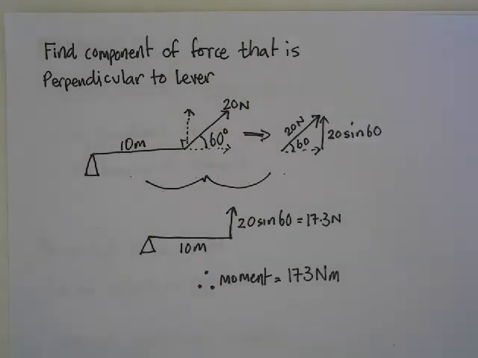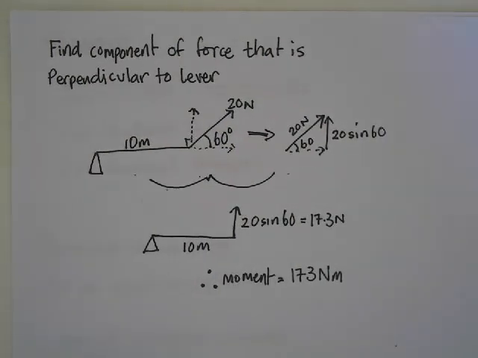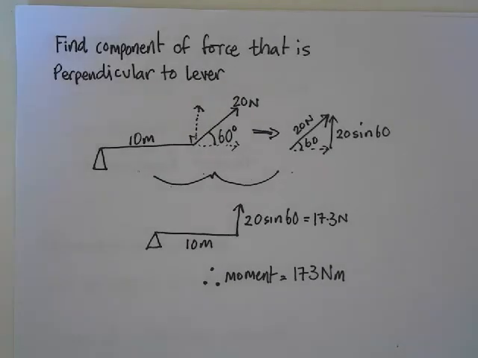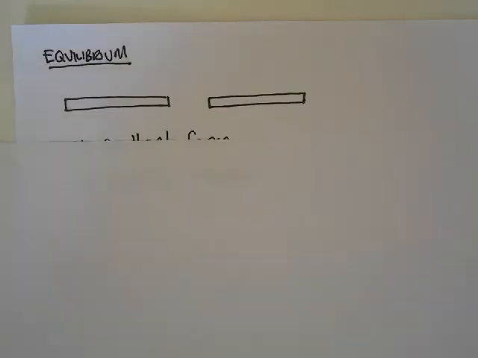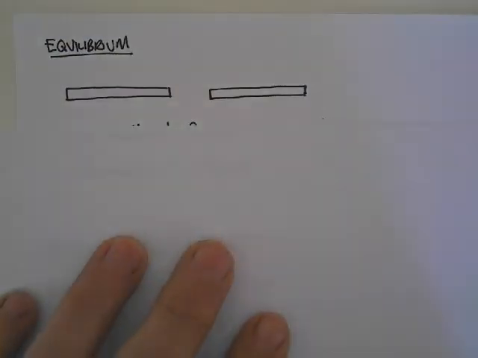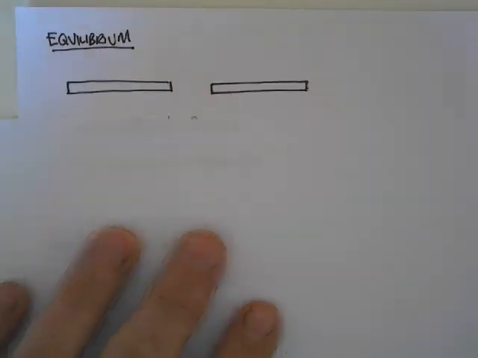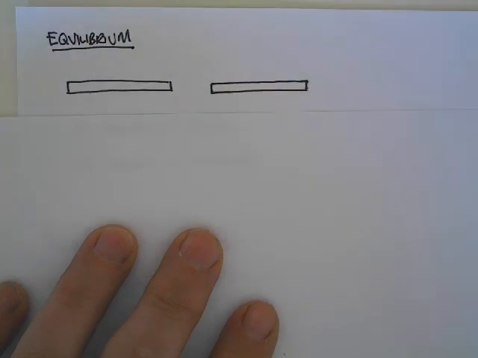Okay. Now, the next thing is to think about what sort of questions you're going to get on the exam. And they're either going to be about equilibrium or about the principle of moments. So we're going to look at that next. Okay, starting with equilibrium. I've got two rods here.